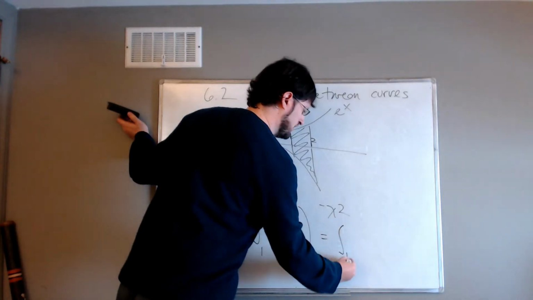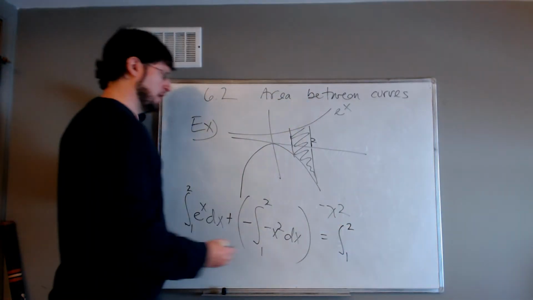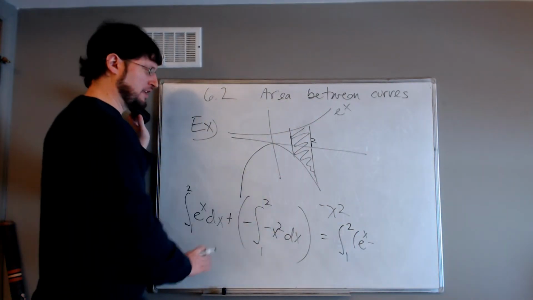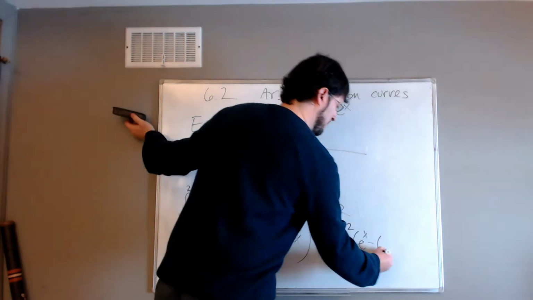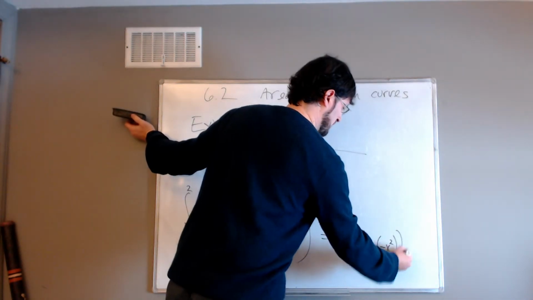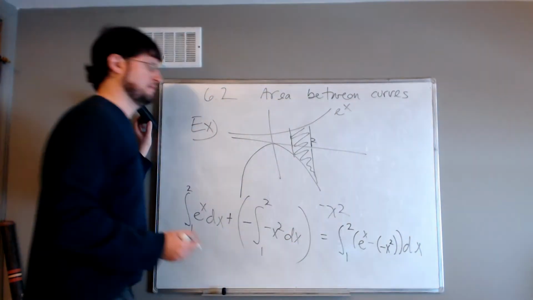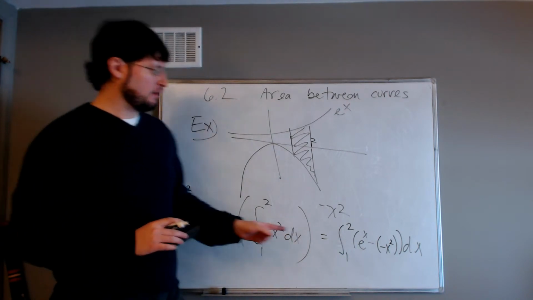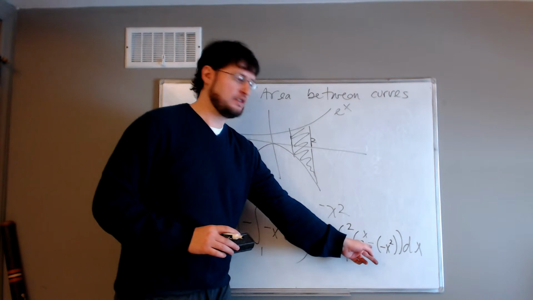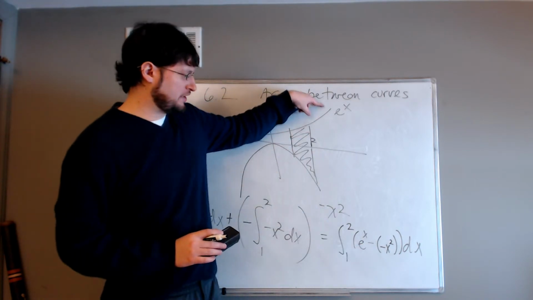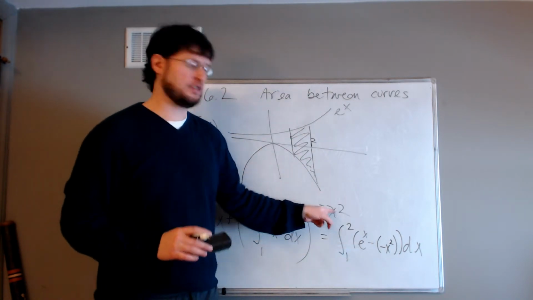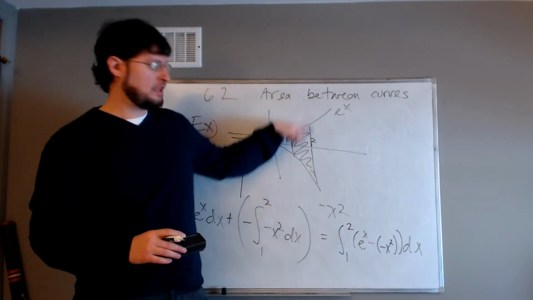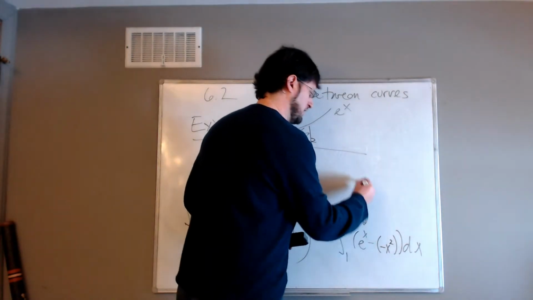This is just the integral from 1 to 2 of e to the x minus, I'm going to keep all my signs here for just a minute, minus negative x squared dx, which certainly does make plus, but for now, let's notice what we've got. We've got a subtraction, top function, e to the x, minus bottom function, negative x squared, even though one was above the x-axis and one was below the x-axis.